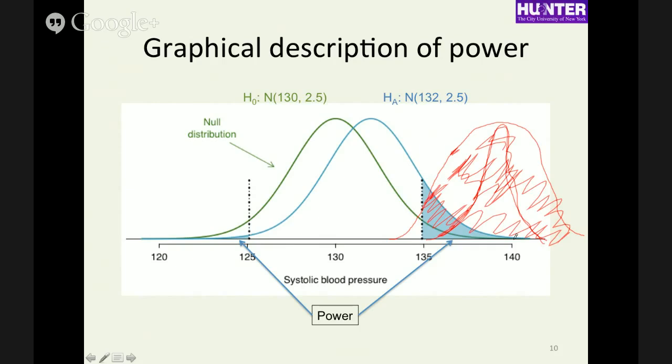There are power calculations for different kinds of tests. It's not always as easy to visualize as this, although it pretty much is.